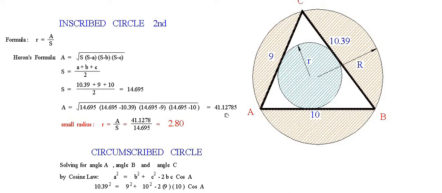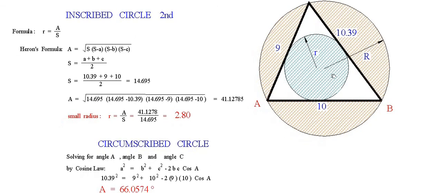Then the small radius, the green one, is just the area over s, the small r, inscribed circle, or r is equal to 2.8, whatever units, centimeter or feet.